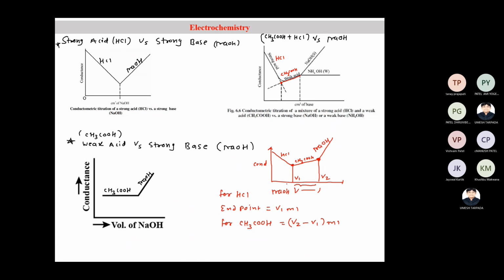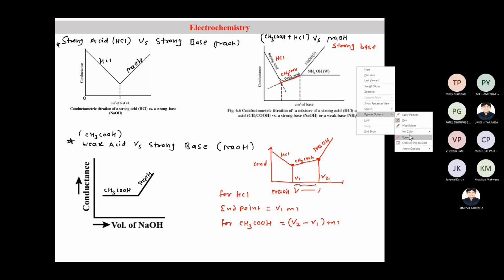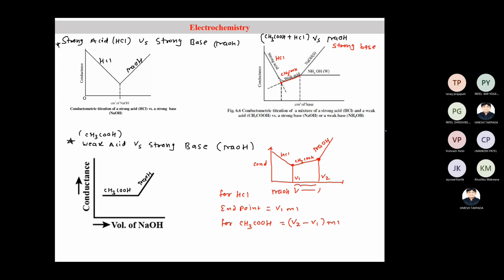And if you have a mixture of acids versus a weak base, rather than a strong base, then this is the nature of the plot. This is for a weak base, NH4OH.